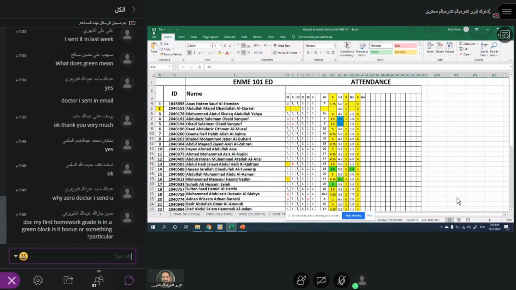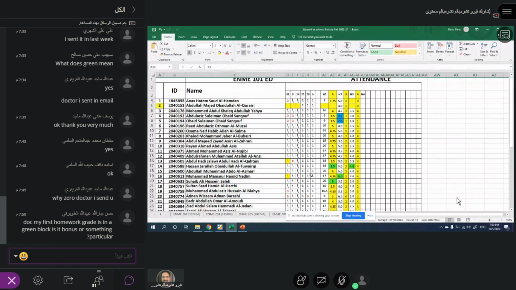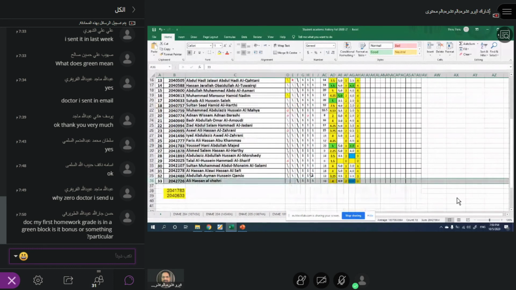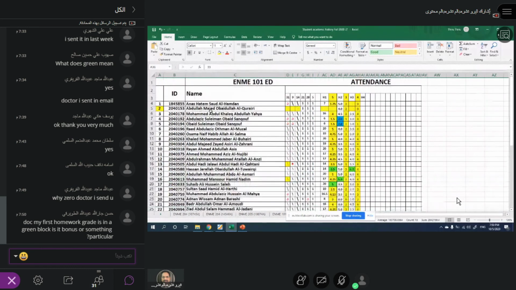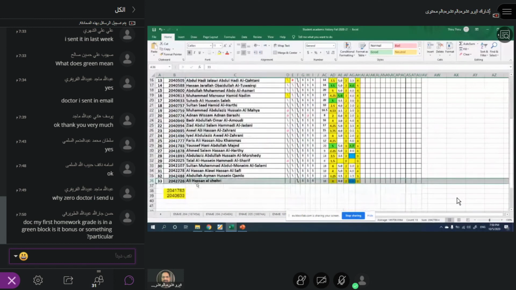I'm sure most of you will get A or A plus this time. This class will get the maximum A plus, I believe. Only Abdullah Majid, Ubaidullah Al Qurairi have a problem, and Ali Hassan. Only 4 people. The remaining are all good, and these 4 will hopefully improve too.